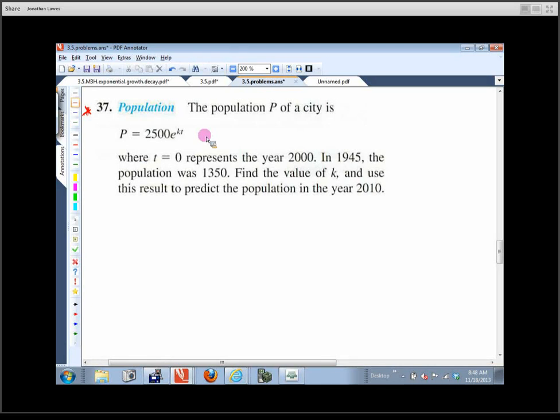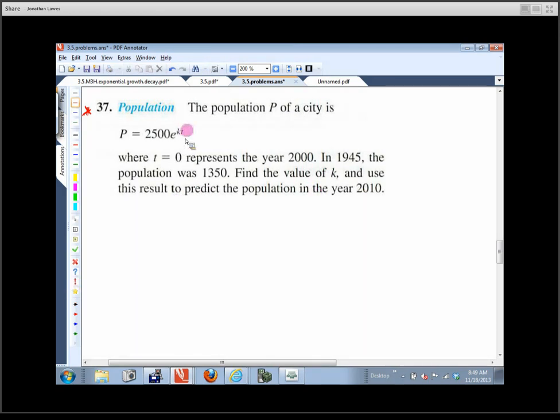No. Did they give us part of it? They did give us part of it. Okay? So it says year 0 represents 2000. In 1945, the population was 1,350. Find the value of k and use the result to predict the population.